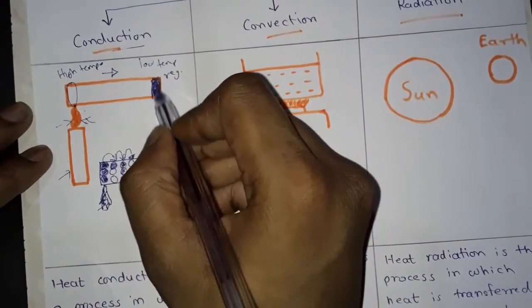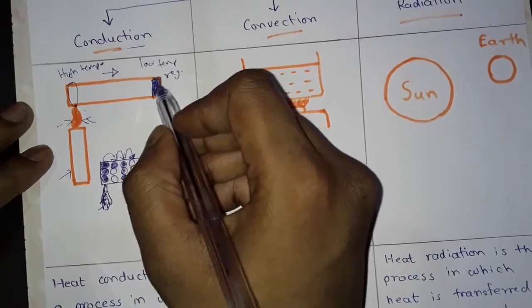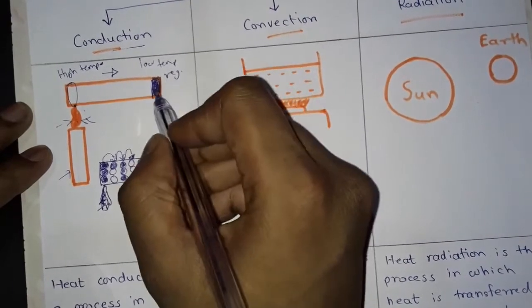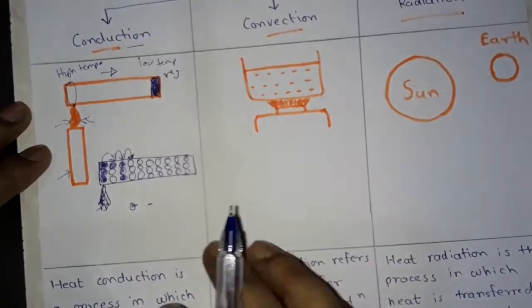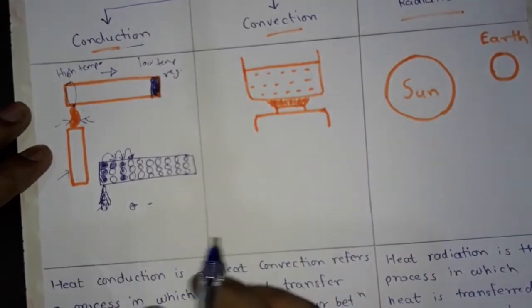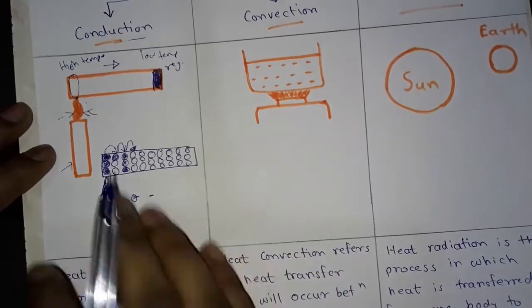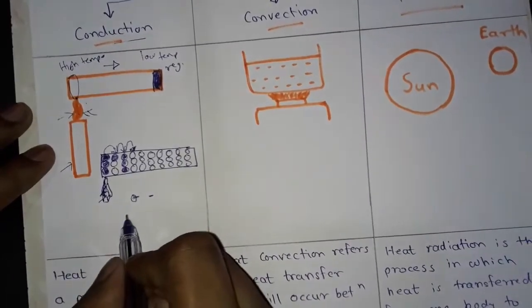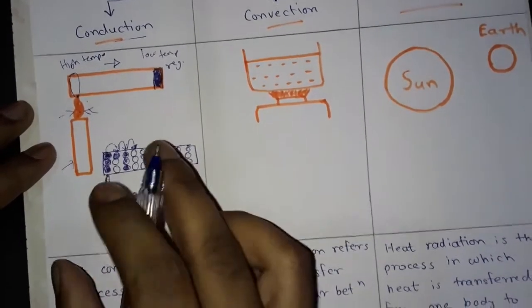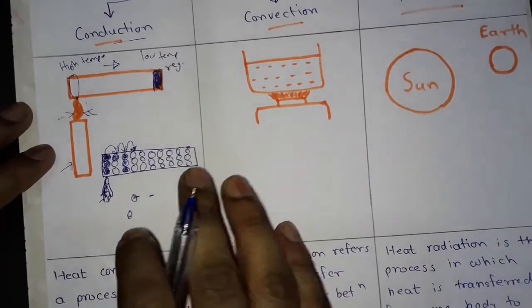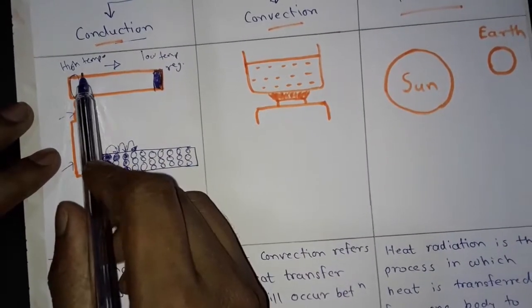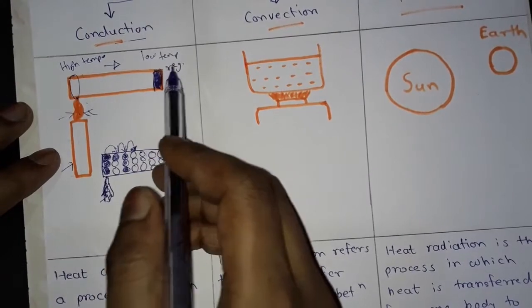And we feel it hot at our bare hand. This is called conduction. Conduction especially occurs in solid medium. There is no movement of the molecules, they only vibrate about their mean position and transfer heat from the high temperature region to the low temperature region.